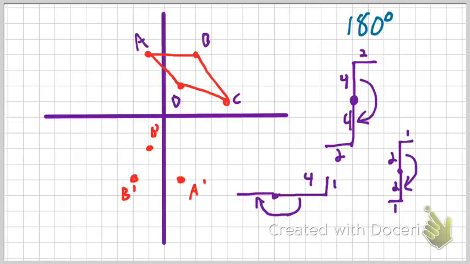That would be left 4 and down 1. There we go. And so that would be a 180-degree rotation.